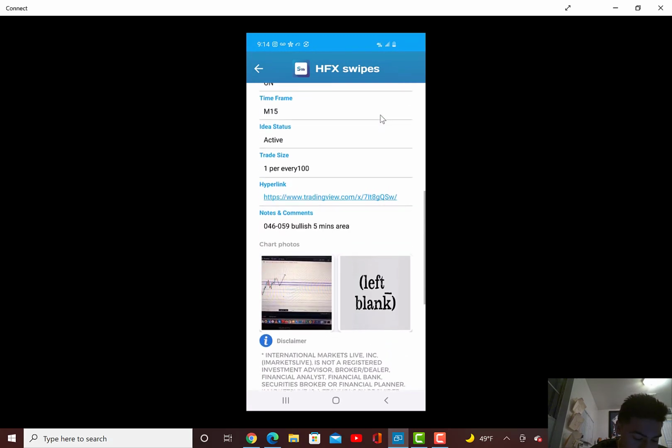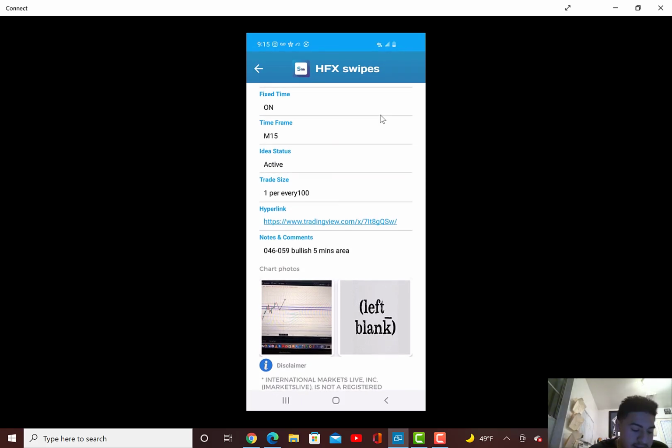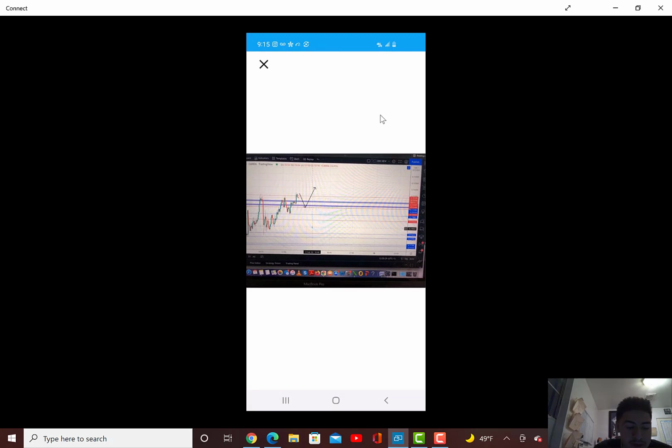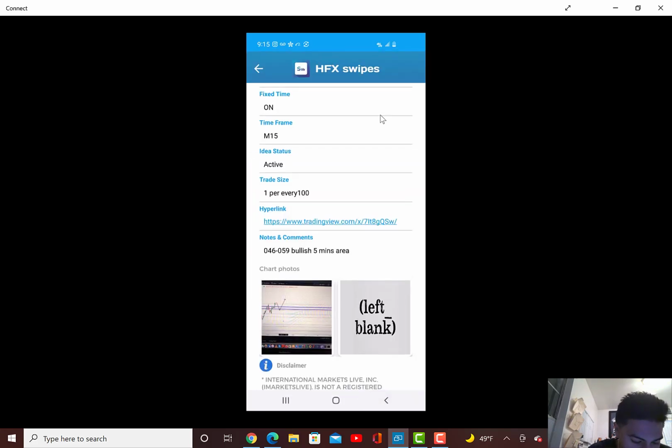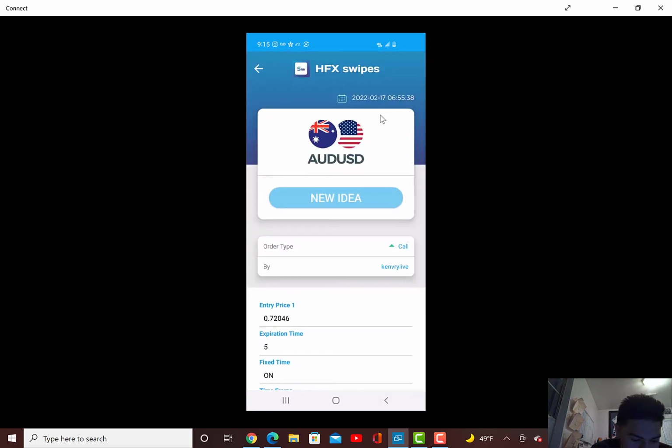The reason for that is if they do make a mistake, you can usually catch it with the picture that they post. That way you can make sure that it matches up. If it doesn't match up, catch it and take the trade correctly. So just wanted to go over that.